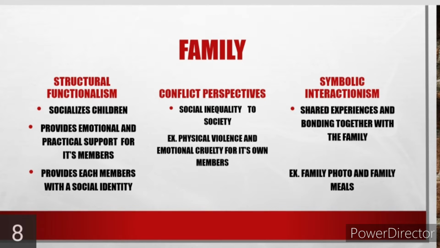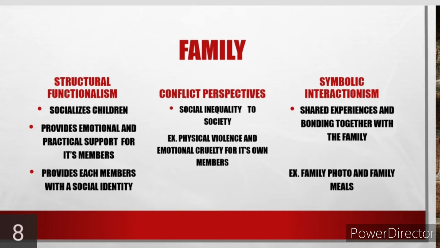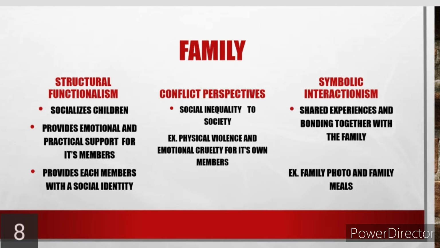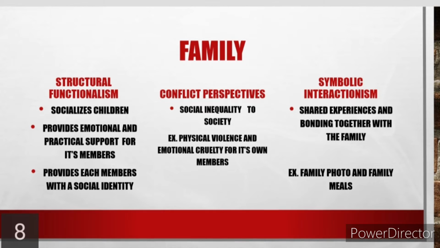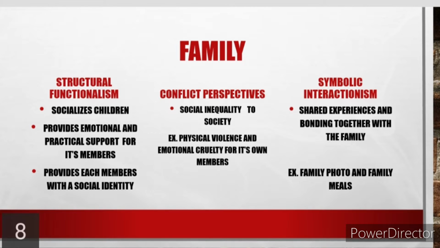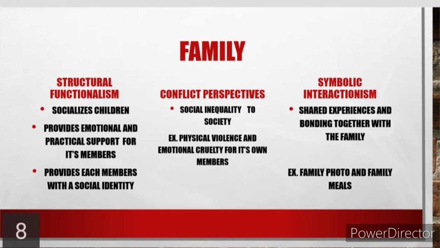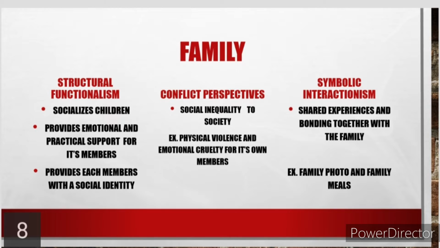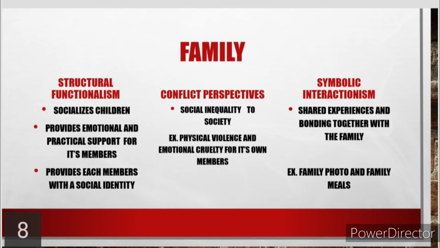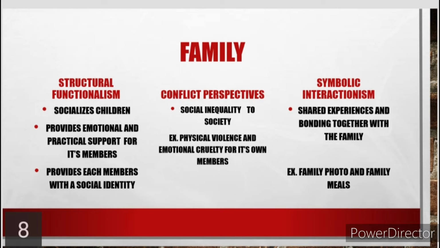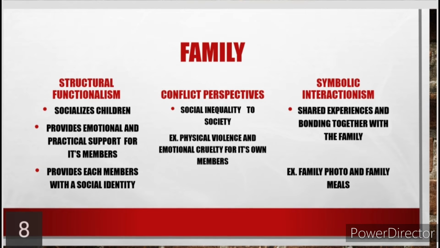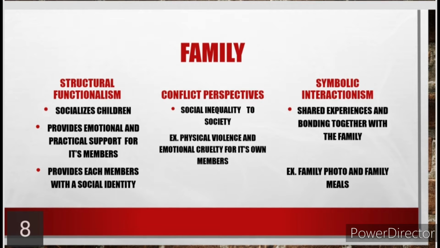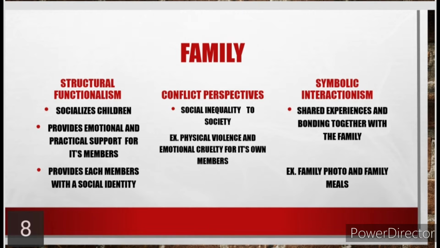For example, physical violence and emotional cruelty toward its own members. So, there are other families that lack respect for one another, shouting at each other, which results in physical violence and abuse, which is really not good for society because it can be adopted by others. In the symbolic interactionism in the family, it is shared experiences and bonding together with the family.